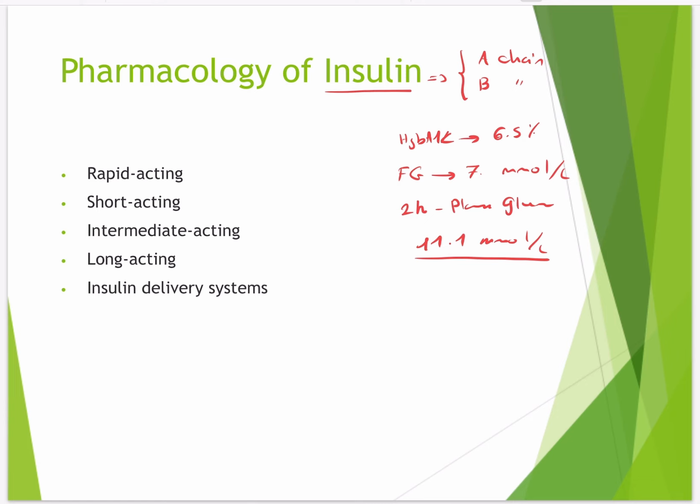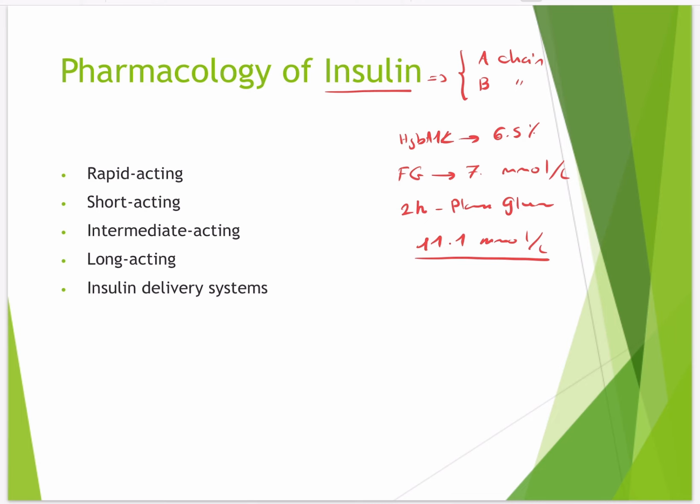If the ratio between the C peptide and the other part of the insulin is not the same, we can understand the person used insulin, because insulin drugs don't have the C chain, and so they don't have the C peptide.